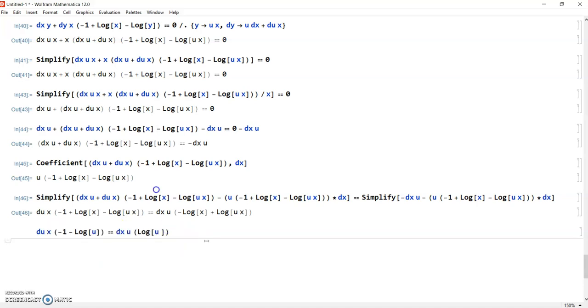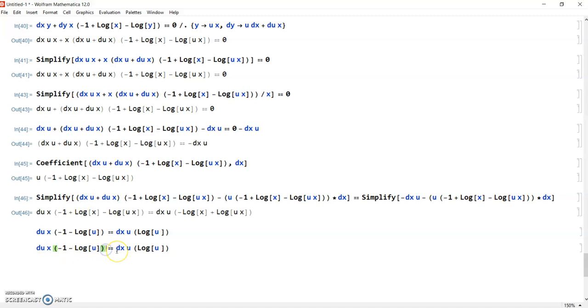Okay, so this bracket is extra, but it's fine. Oh, my Mathematica is not responding, but let's wait. Okay, so to make it separable, what we have to do is now I have to divide. No, this will remain here.